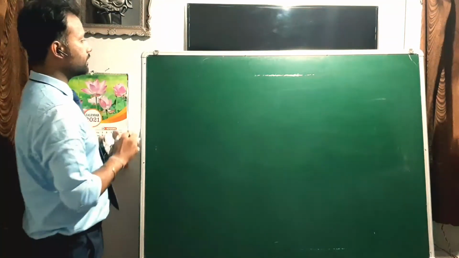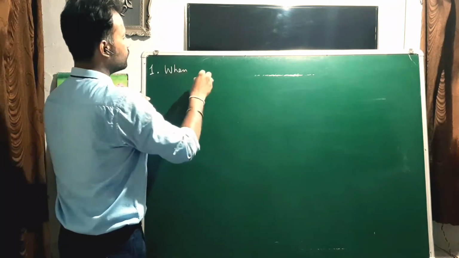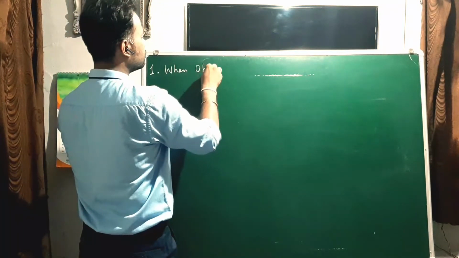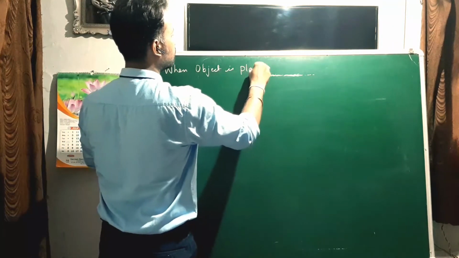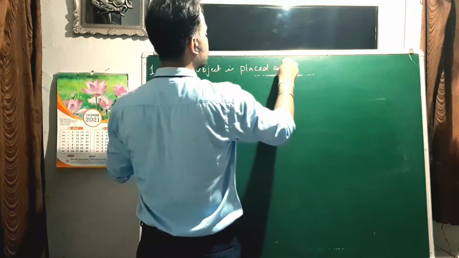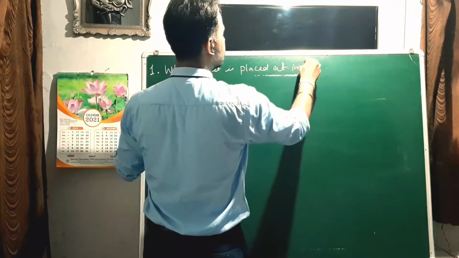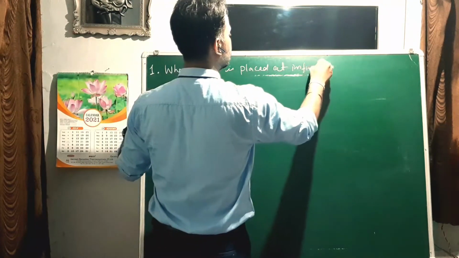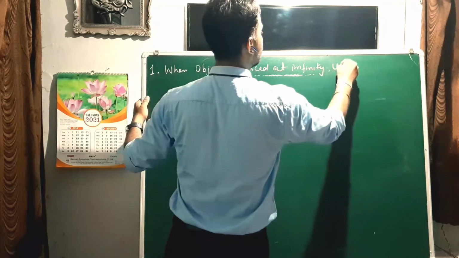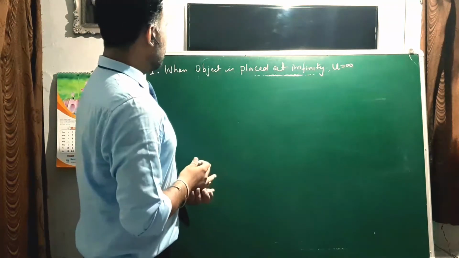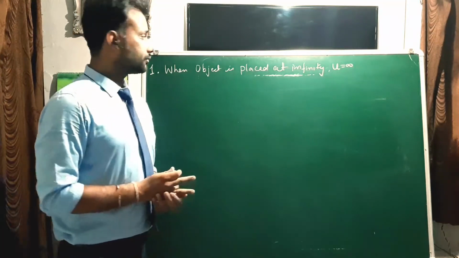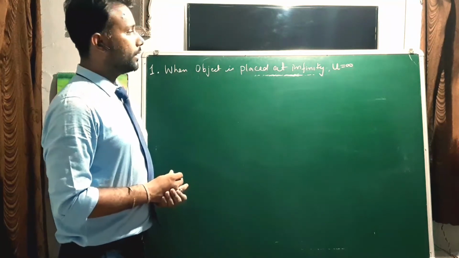The first case is when the object is placed at infinity. That means u is infinity. What is u? I will tell you later. Here the object is placed at infinity.